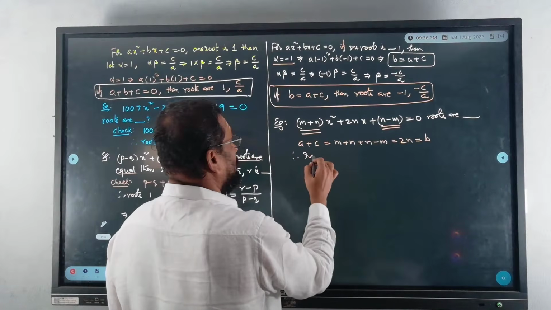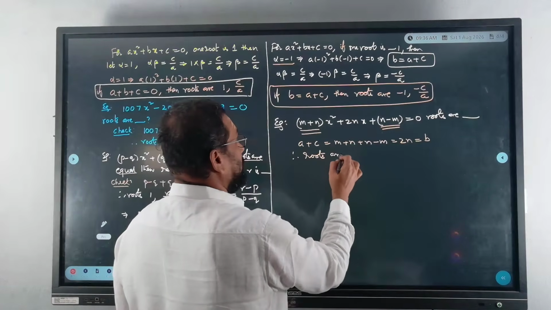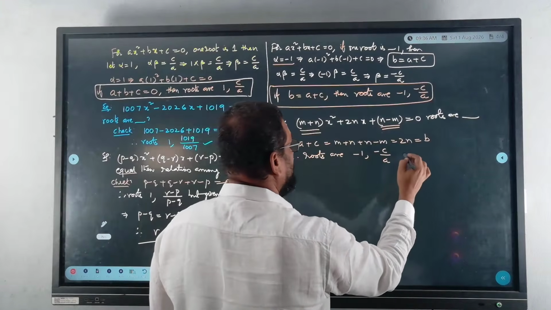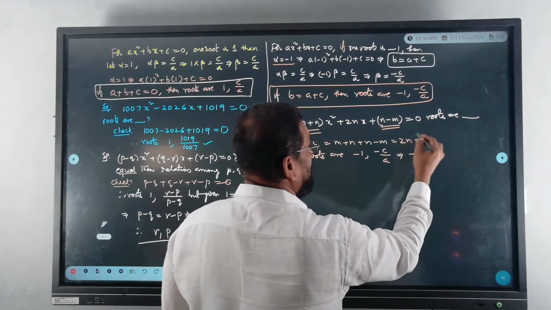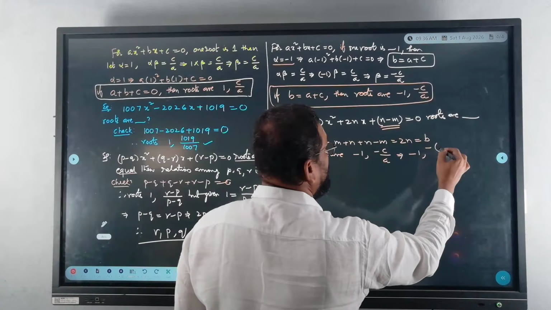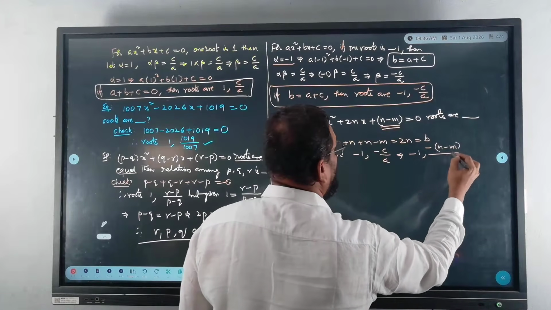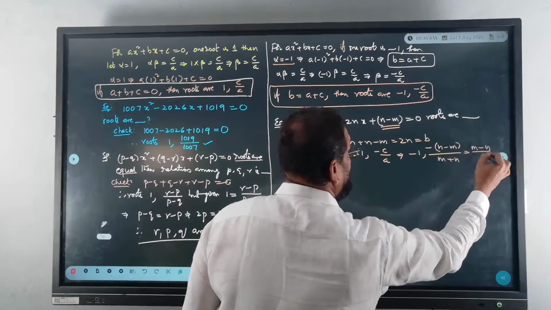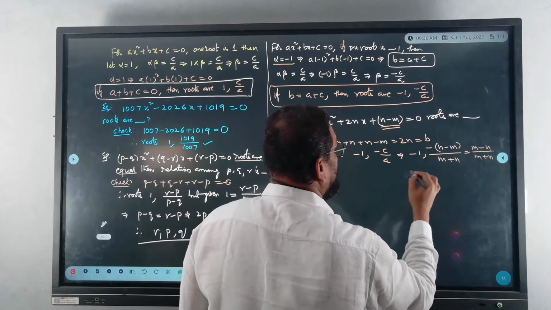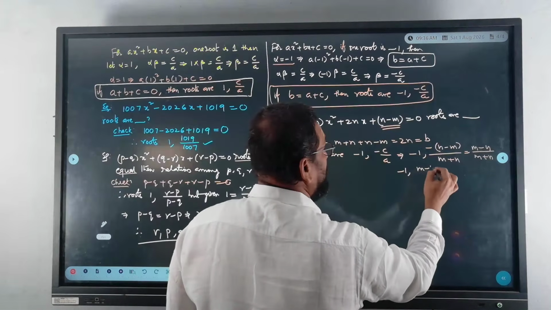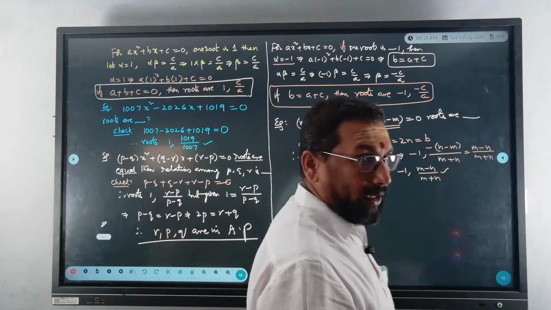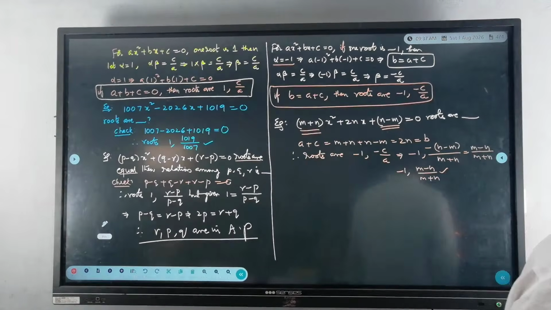So the roots are minus 1 and minus c by a, that is minus of n minus m by m plus n, which is m minus n by m plus n. So minus 1 and m minus n by m plus n are the roots. By using the shortcut we can do it.